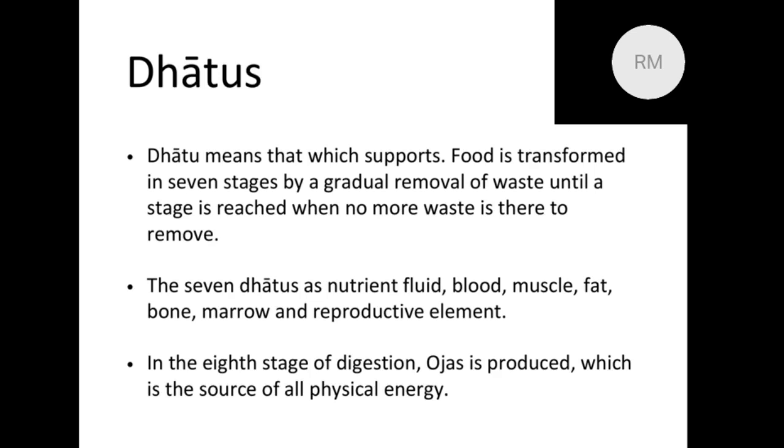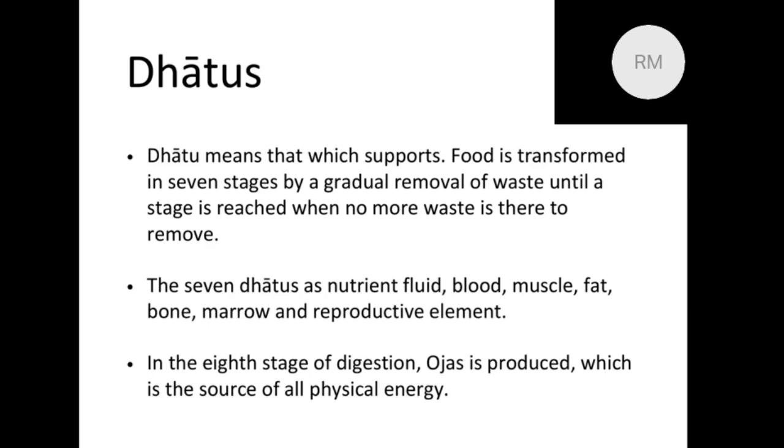So I will come to this point later. Blood is different from rasa, although rasa and blood may be mixed together. The term for blood is rakta, but rasa is the essence of the digested food. So a good translation for rasa is the nutrient fluid or the nutrient essence of digestion.